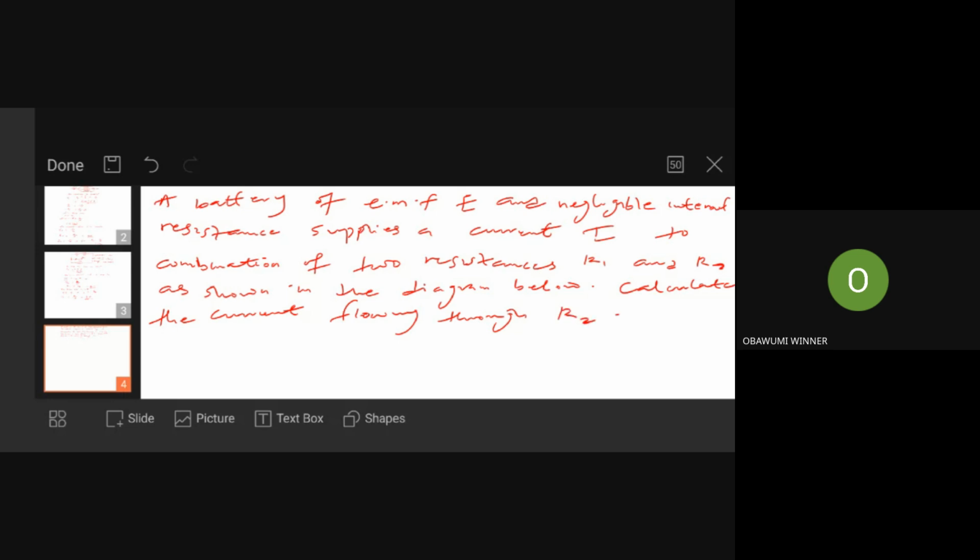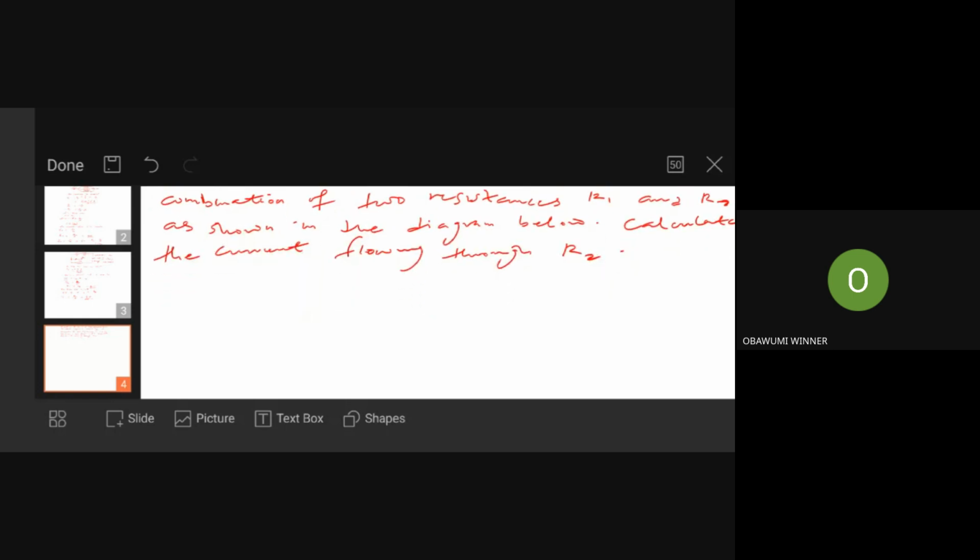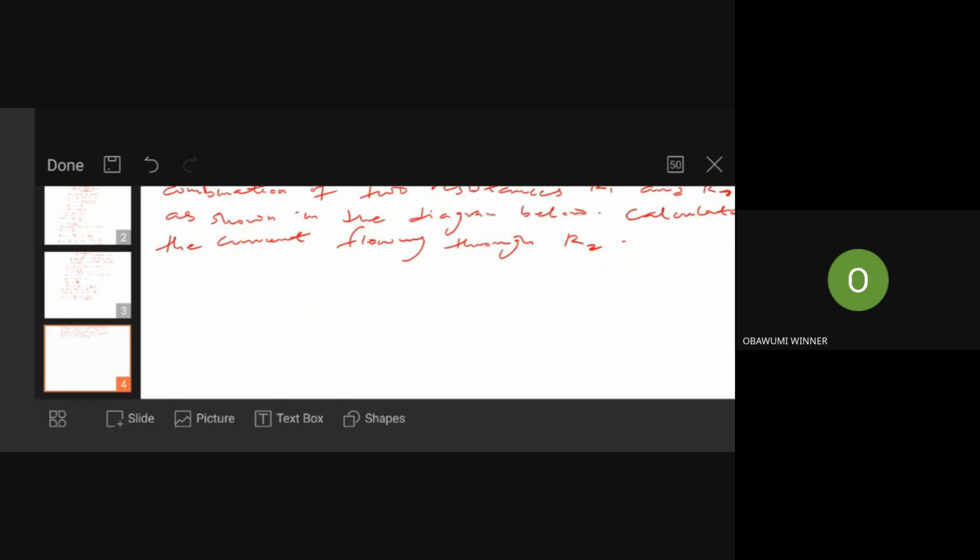So this is a question. A battery of EMF E and negligible internal resistance supplies a current I to combination of two resistances R1 and R2 as shown in the diagram below. So this is a diagram here. Let me draw it exactly the way it is right here. So I have a circuit like this.